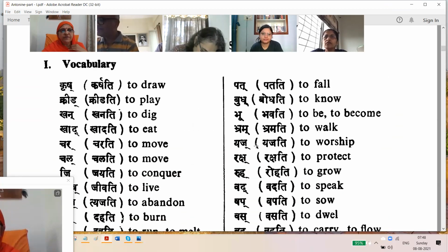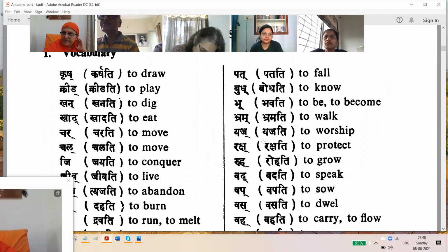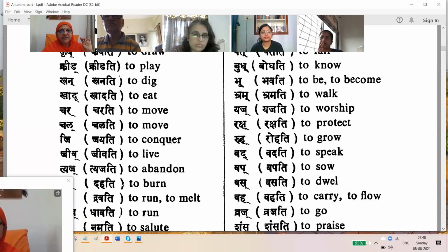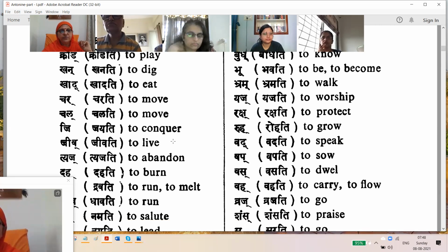But they have also given some roots, some dhatus. Krush means to draw, pull also. Karshati, to draw. Krid, kridati, to play. Here the upadha, the medial vowel, is dirgha, so it doesn't take guna. Khan, khanati, to dig. Khad, khadati, to eat. Char, charati, to move.